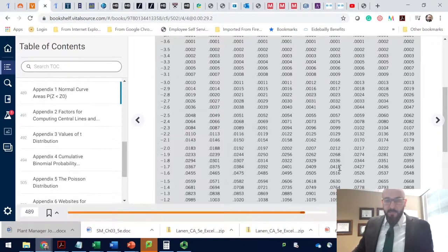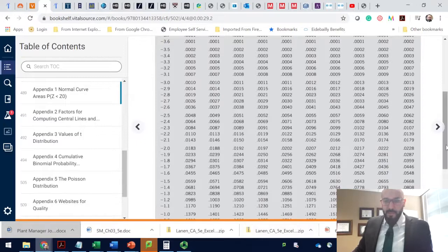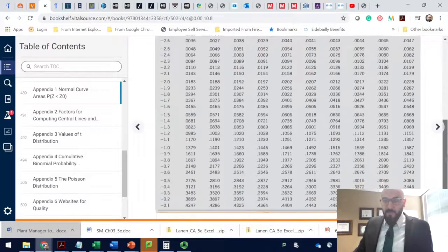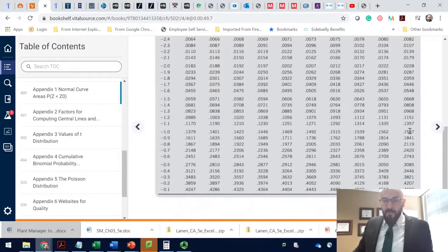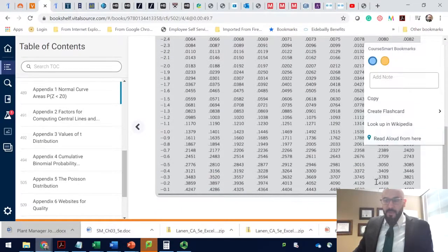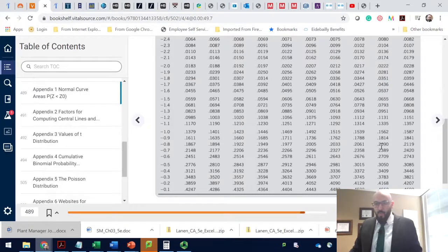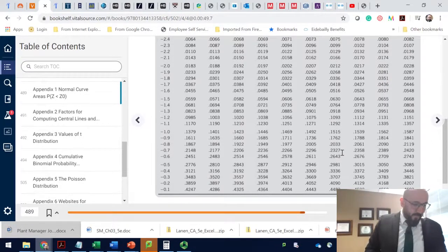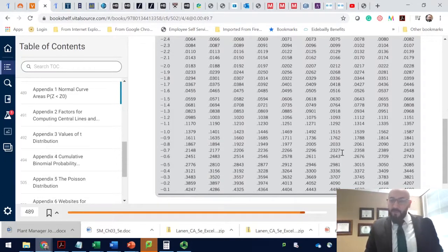Minus 1.00, that would be the one on the far left column. So the number would be this one, 0.1587. So take this down, 0.1587.